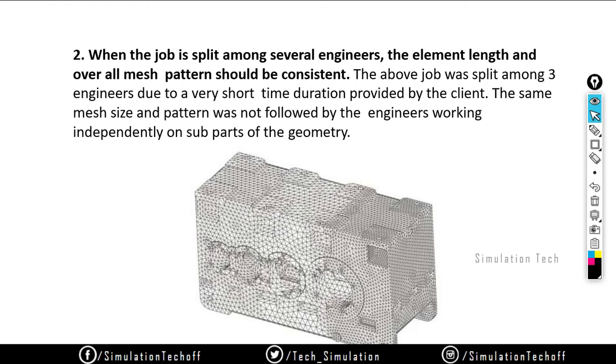They can literally split that model. So you will notice that this model is split into multiple pieces, from here to here and here to here, and also like this. This will be meshed by someone, this is meshed by someone, and this is meshed by someone.